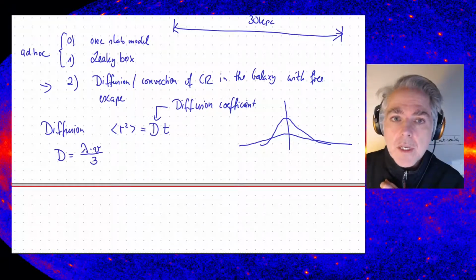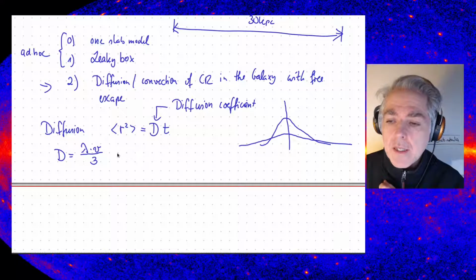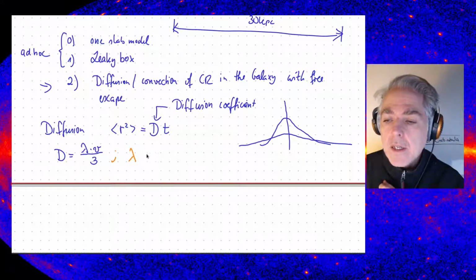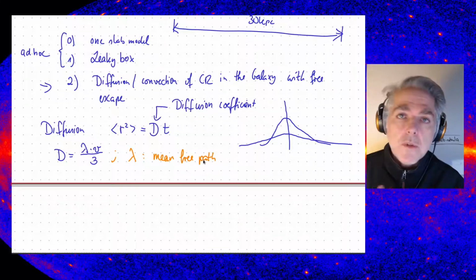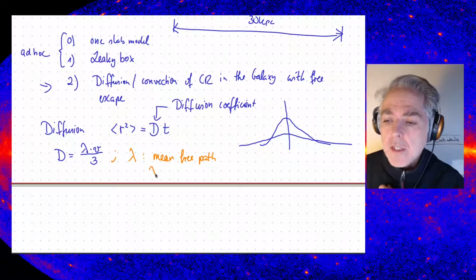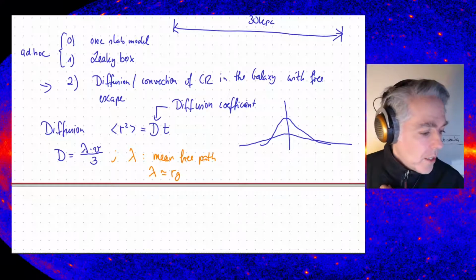So what we therefore assume is that lambda is the mean free path, which in the case of diffusion corresponds to the path distance over which the particle gets deflected substantially. And so we assume this is similar or equal to the gyro radius.